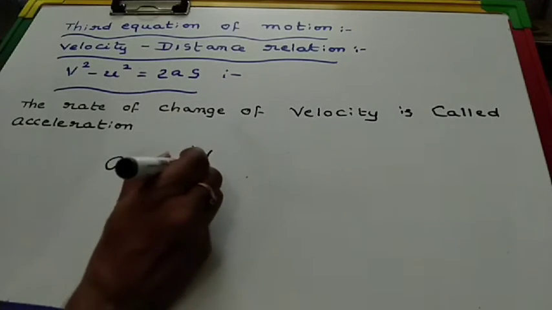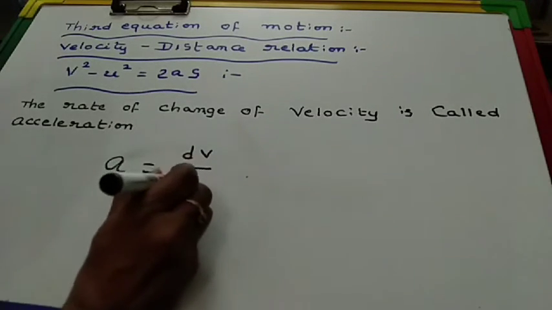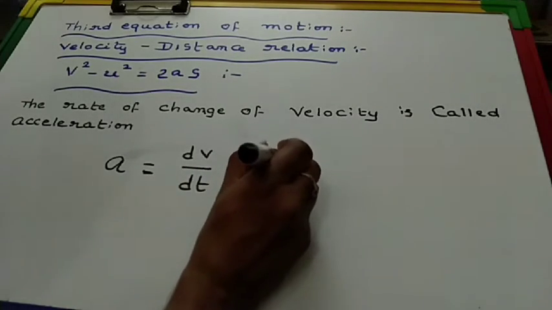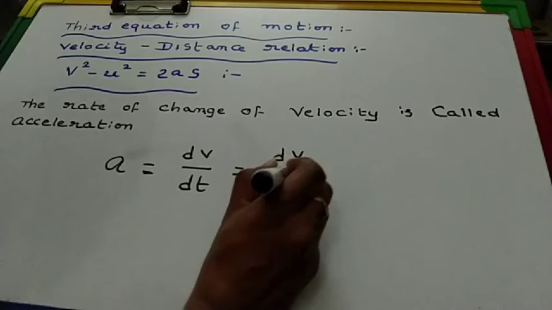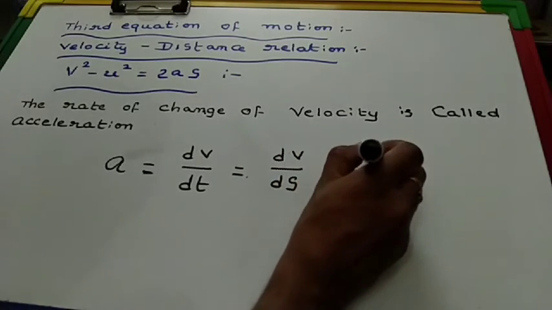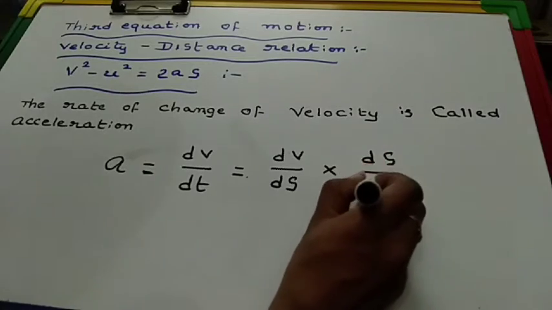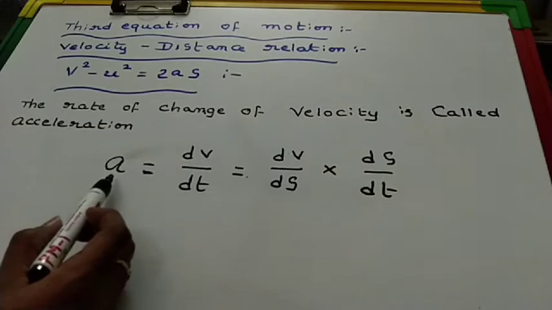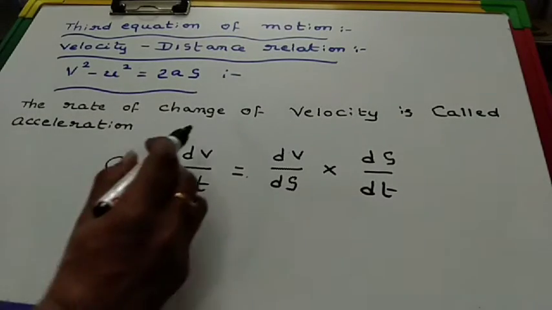dv by dt. That is equal to dv by ds into ds by dt. Once again my dear students, the acceleration I can write as dv by dt.